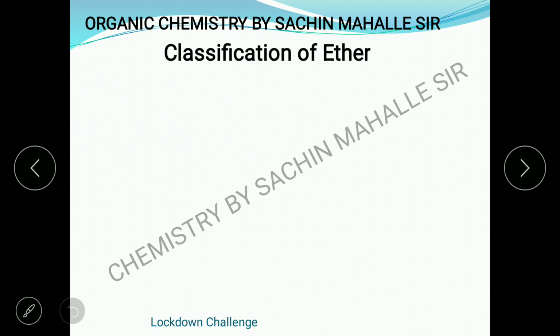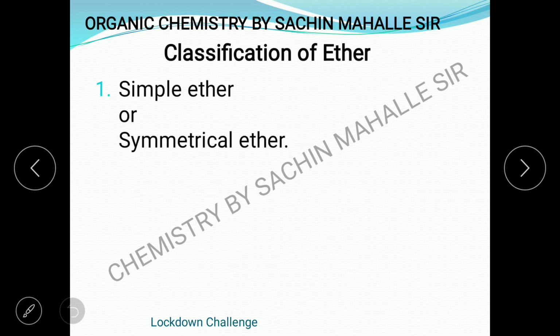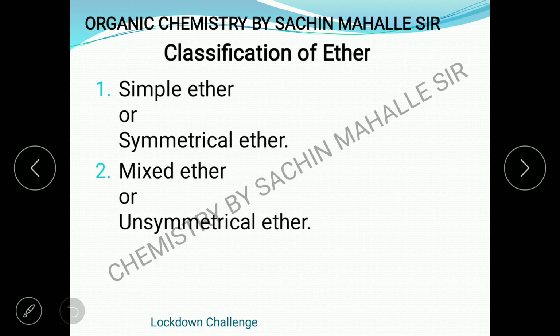Ether has two types. Number one, symmetrical ether or simple ether. Number two, mixed ether or unsymmetrical ether. In simple ether, the oxygen atom is attached to alkyl groups, and both alkyl groups are the same; it is called simple ether or symmetrical ether.